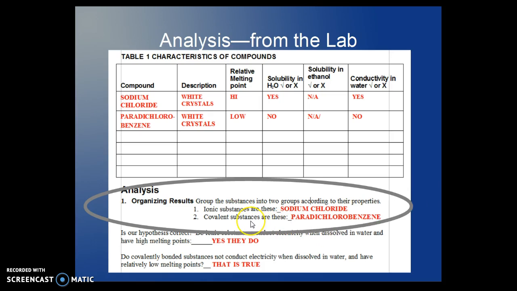Therefore the compounds that did not break up in water into ions and did not conduct electricity would be best characterized as covalent or molecular, since they were not comprised of elements that gave away or took in electrons, but rather shared electrons.